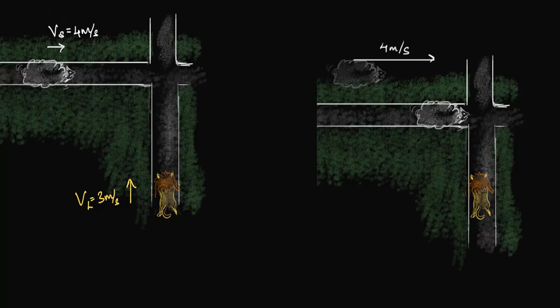So let's put that in as well. The whole ground goes 3 meters in 1 second. So now here comes the big question. How much did the sheep move? Well, notice the sheep was initially over here, but now it's over here.